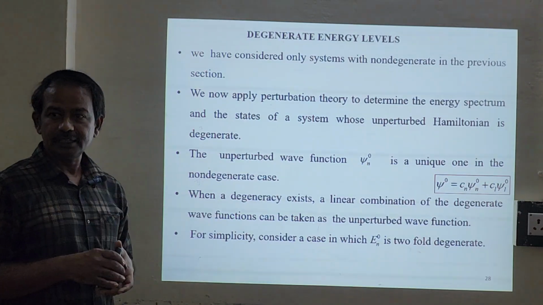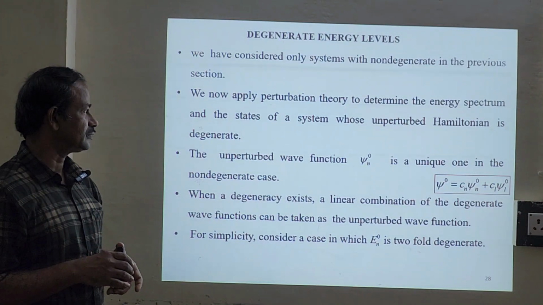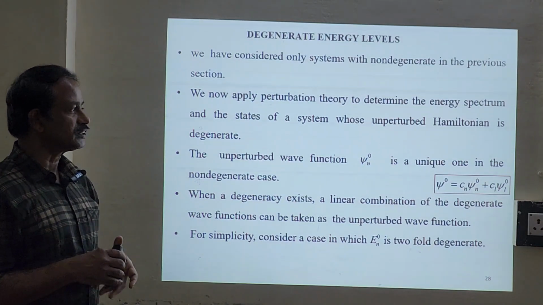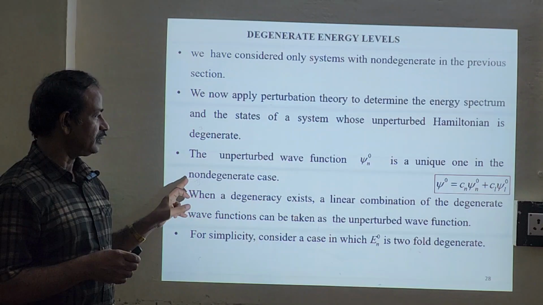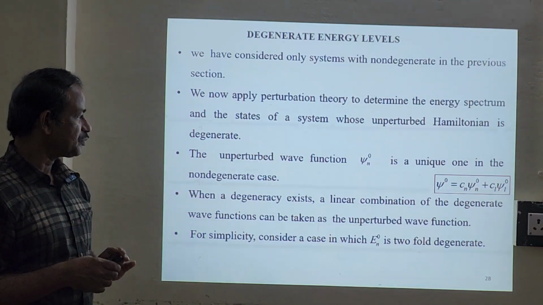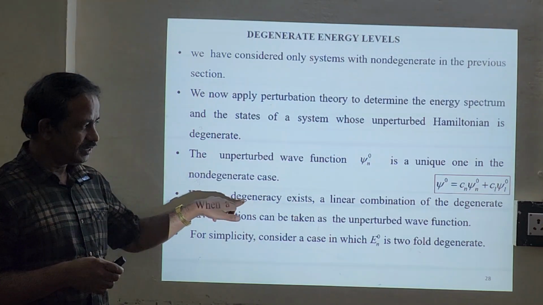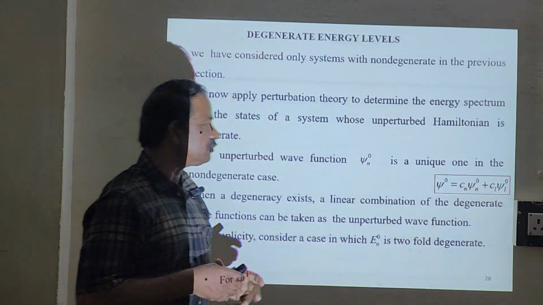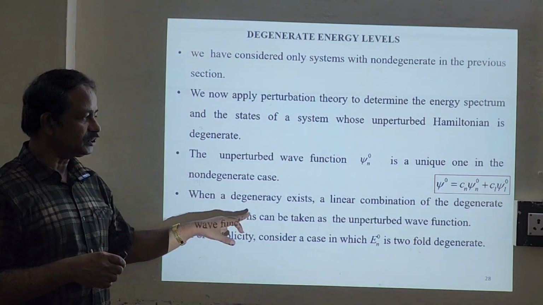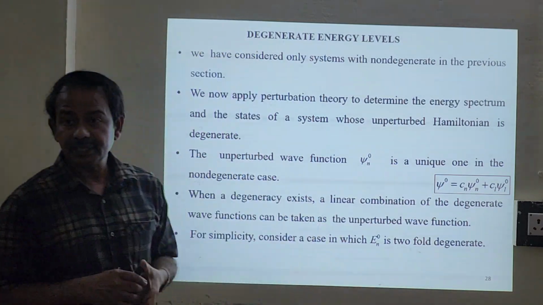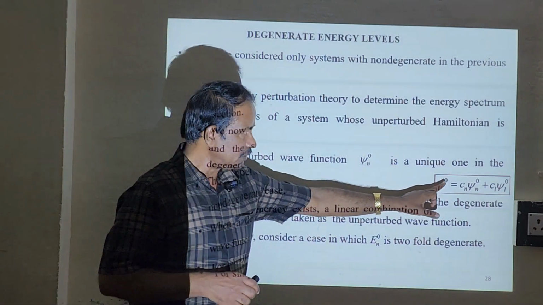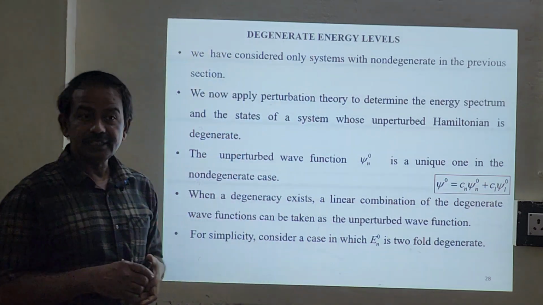The unperturbed wave function psi n0 is a unique one in the non-degenerate case. When a degeneracy exists, a linear combination of degenerate wave functions can be taken as the unperturbed wave function.